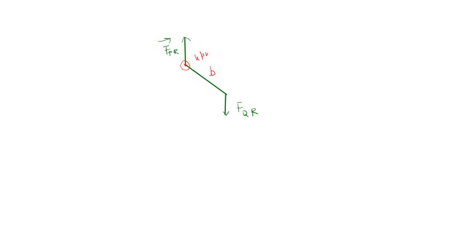I'm writing here, this is the top view. And here the current is going downwards, and we represent downward current as a cross. This will be the diagram.